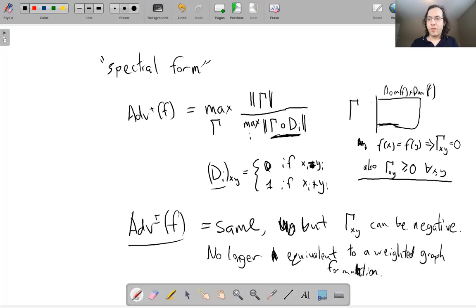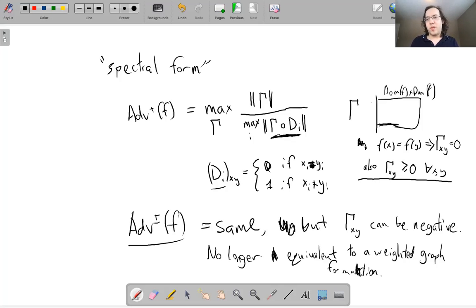If you do it using the weighted graph, you don't get this measure. You get something that's basically nonsensical because it involves a bunch of divisions by 0. So you'll basically get a measure that can be infinity or something. You're not going to get something sensible. So the negative weighted adversary bound only has the spectral form and not the weighted form.